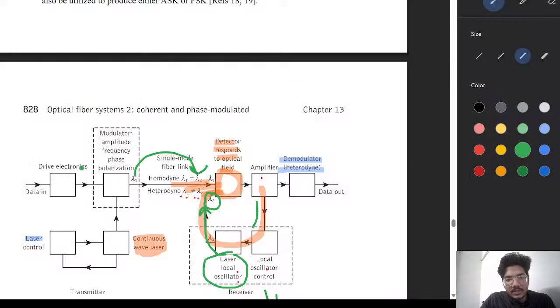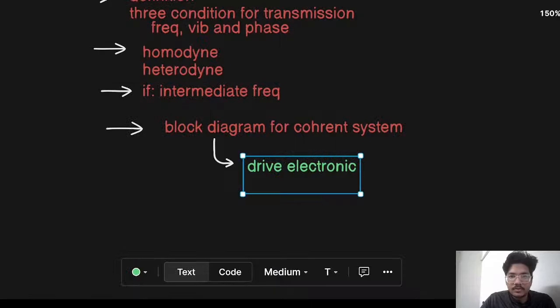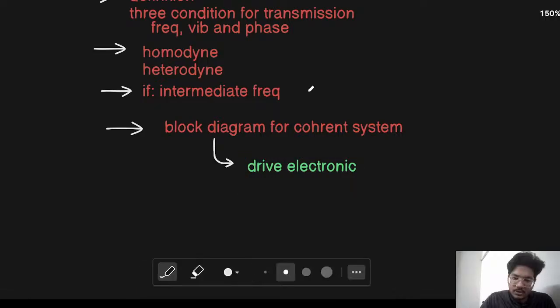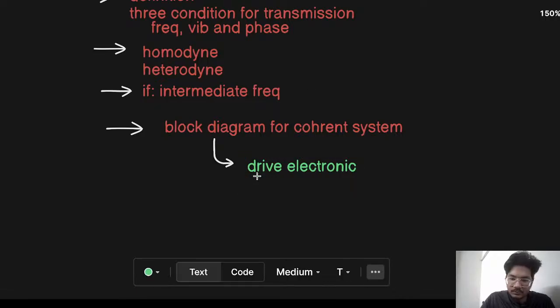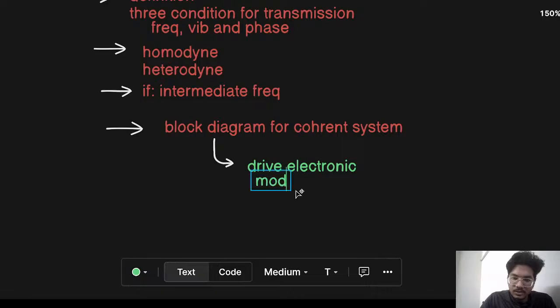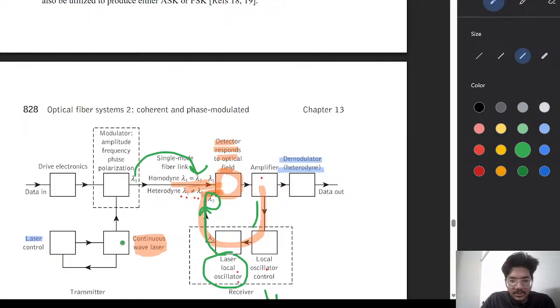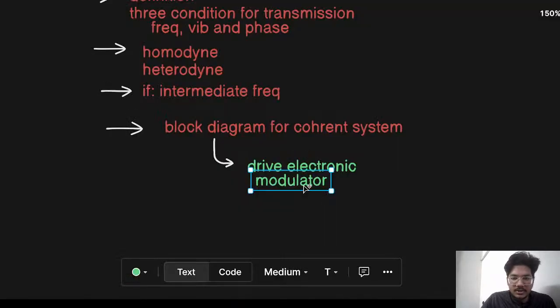Then the data goes to the modulator portion.